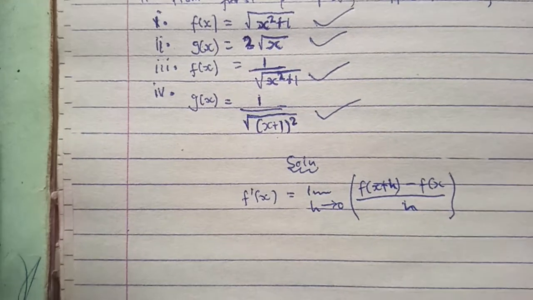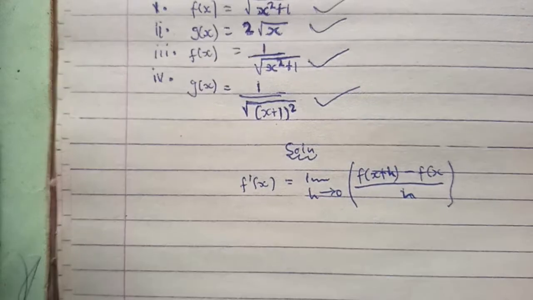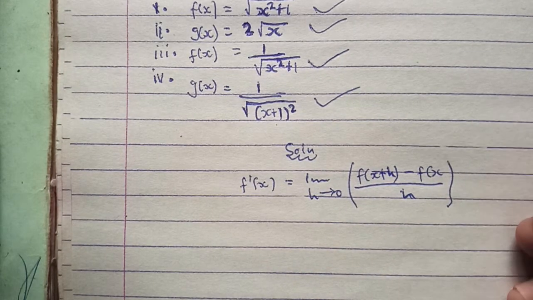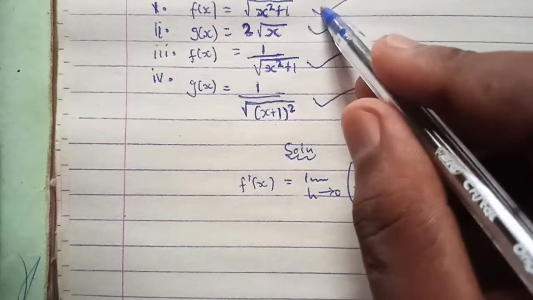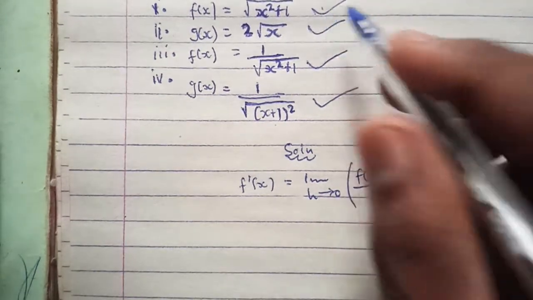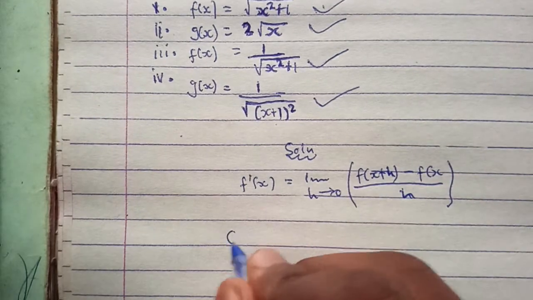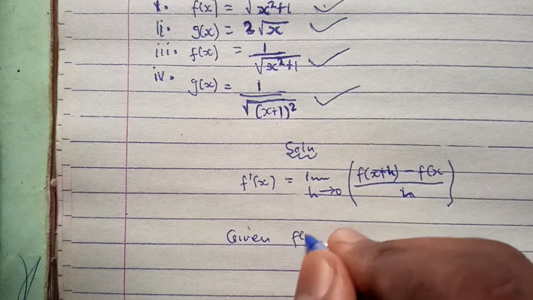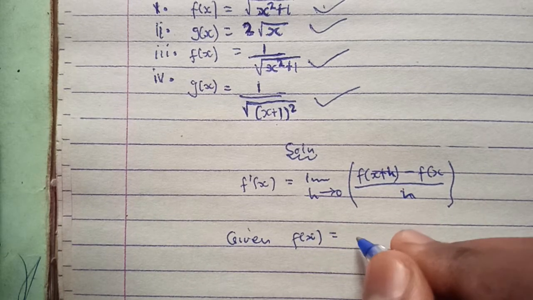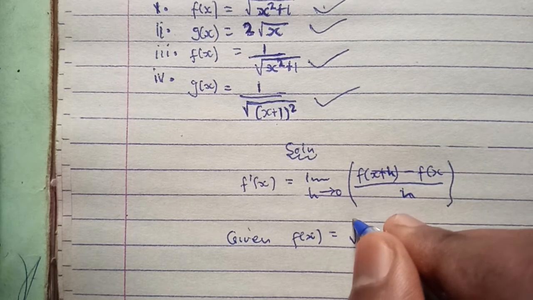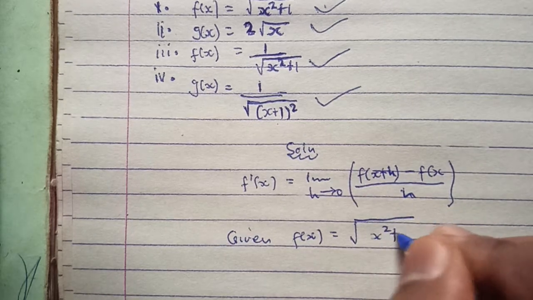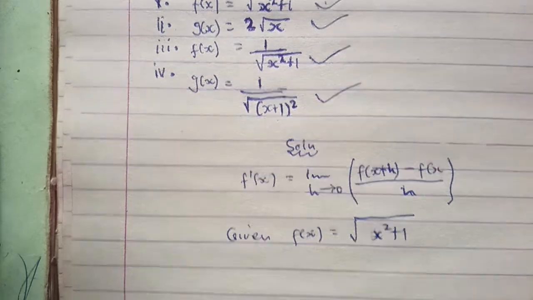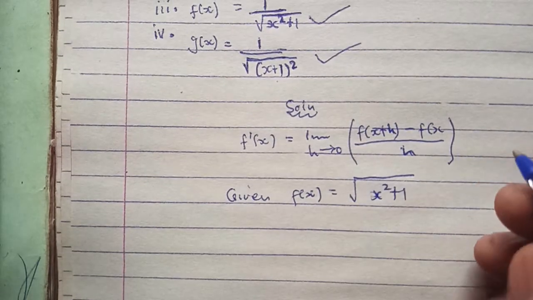So now what we will do is, which function did they give us to differentiate with the first principle? So I'm solving this. Look at it, this. So you say, given f of x to be equal to square root of x squared plus 1, that's your f of x.